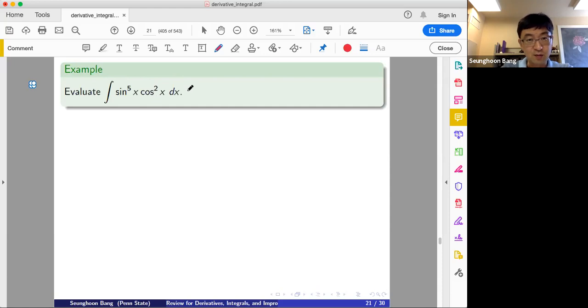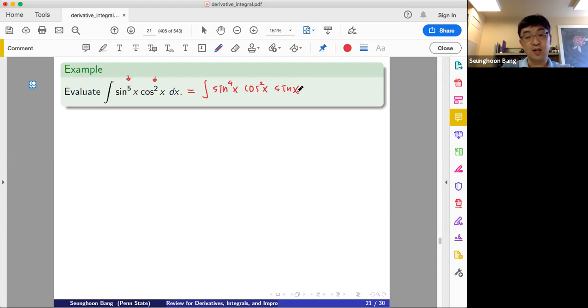So for this problem, we are going back to my lecture, summary of integration. You can check: power of sine, power of cosine. The power of sine is an odd power. What's the best way? Step 1, you can save one sine, change the sine to the 4x, keep cosine 2x.